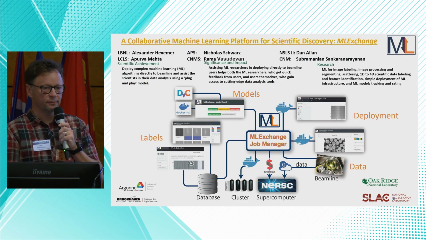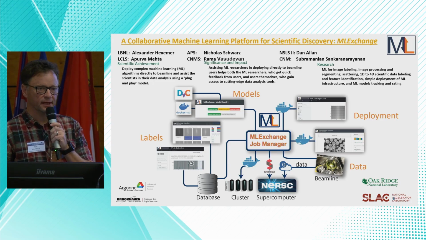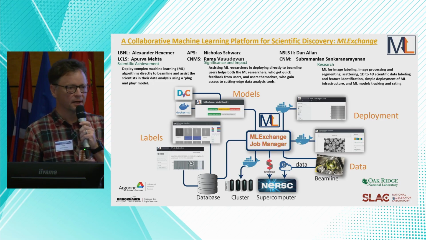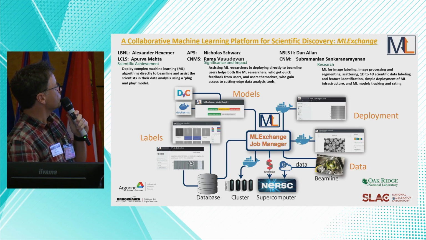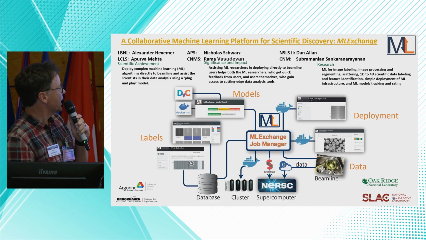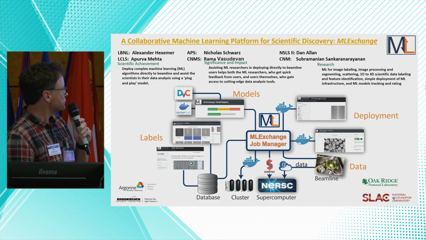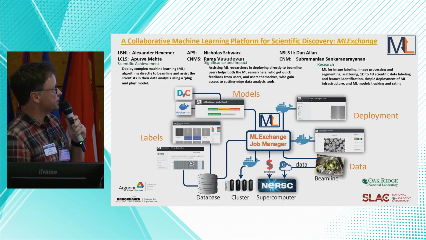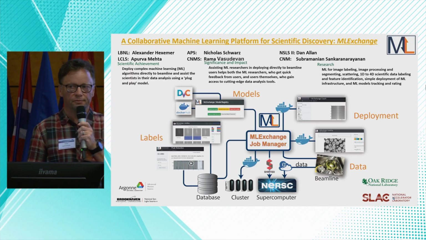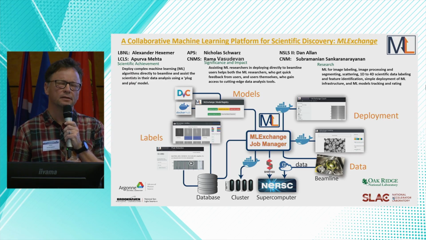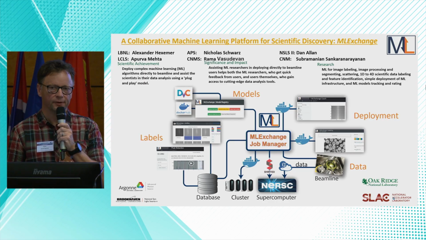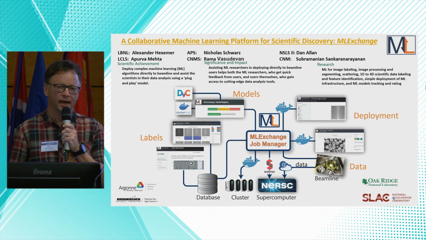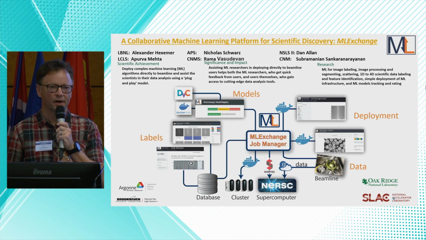Switching gears really quickly, we heard a little bit about some of these multi-facility AI ML projects that are going on. We at the ALS are involved, along with APS, NSLS-II, and SLAC, in the ML Exchange project, whose main goal is to build a suite of applications that make it easy for people who are not experts in AI and ML to train models, use models, test models, and provide their models to other collaborators.